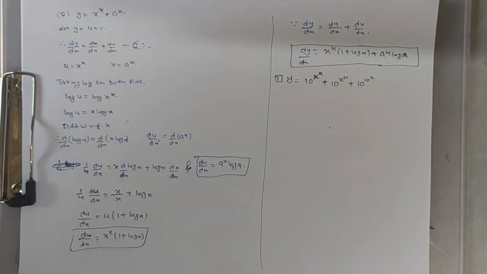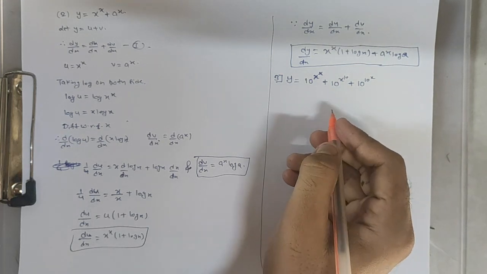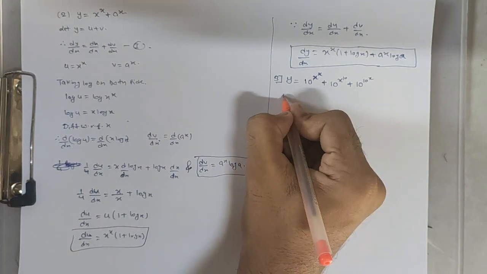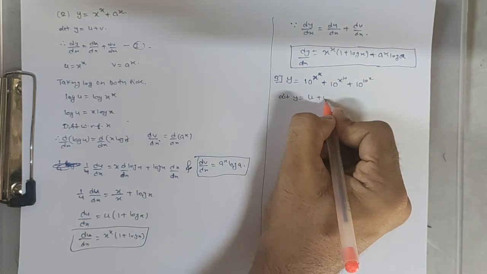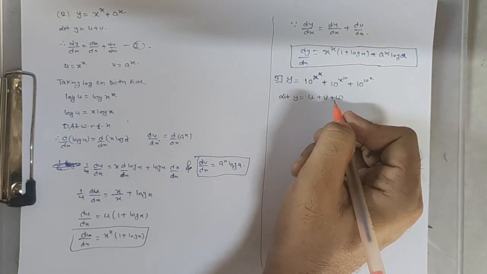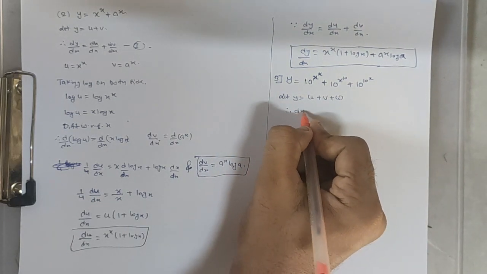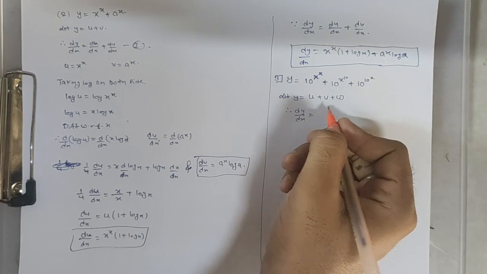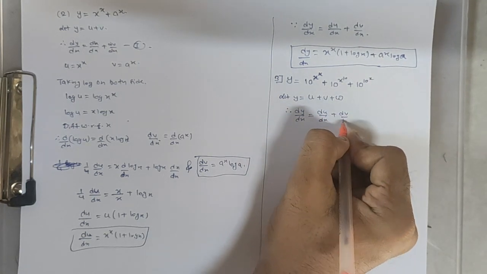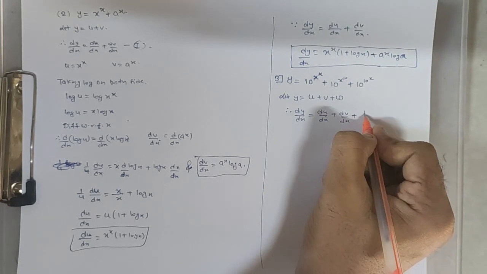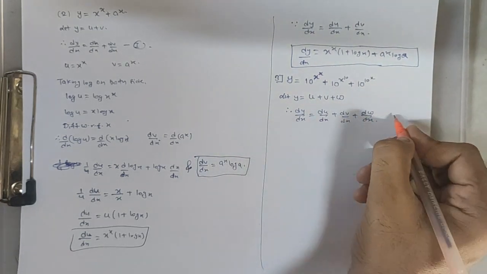So again here all the terms are in addition, so let y is equal to u plus v plus w, three terms. Therefore dy by dx will be du by dx plus dv by dx plus dw by dx. Now this is 1.